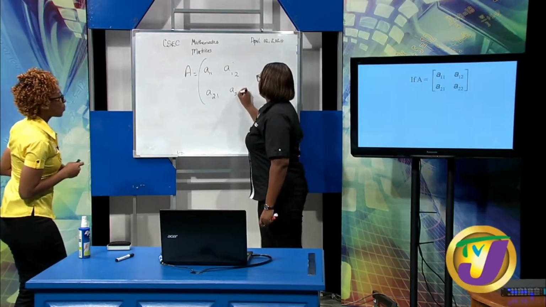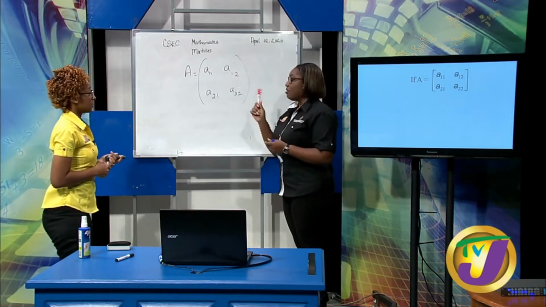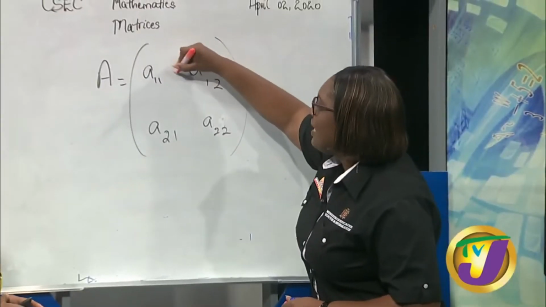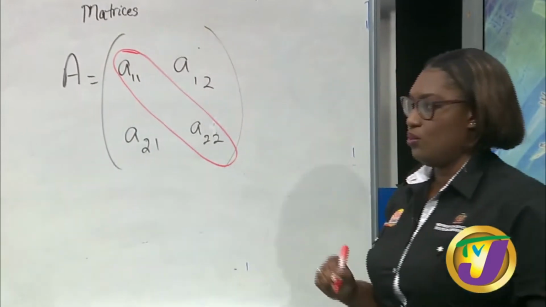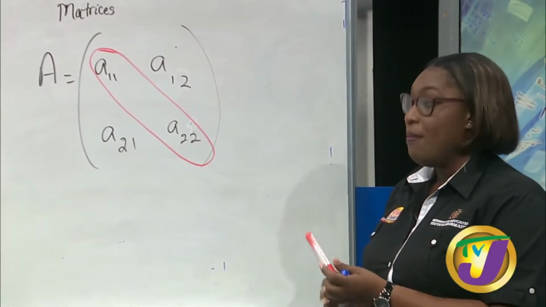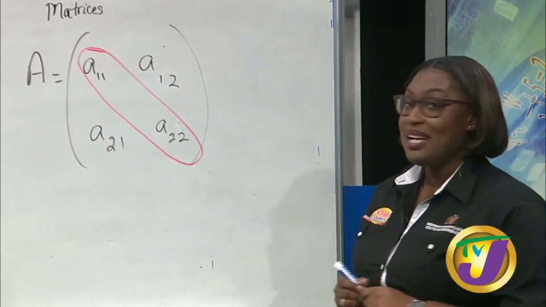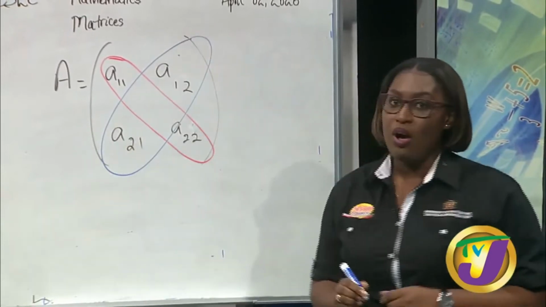Can you show us what you mean by leading and non-leading? All right, so with my red marker, I'm going to circle my leading diagonal. My leading diagonal would be A11 and A22. My non-leading diagonal, I'm going to take my blue marker and circle, which is A12 and A21.